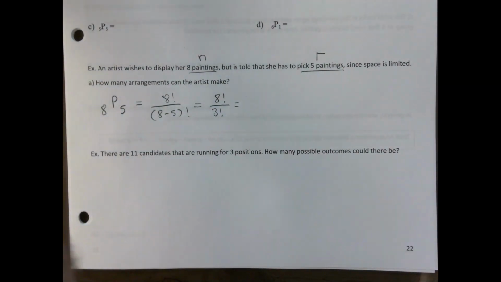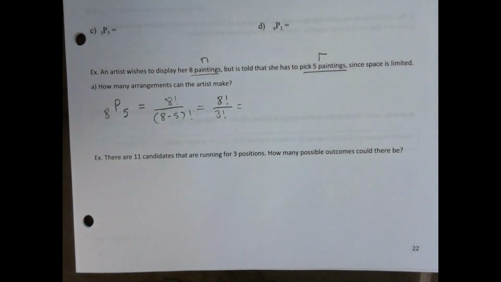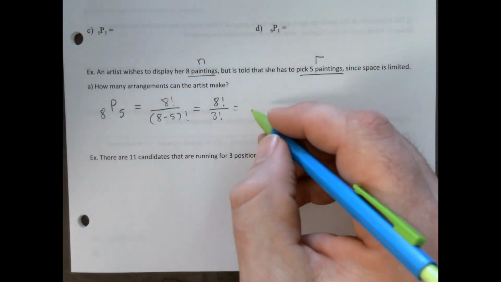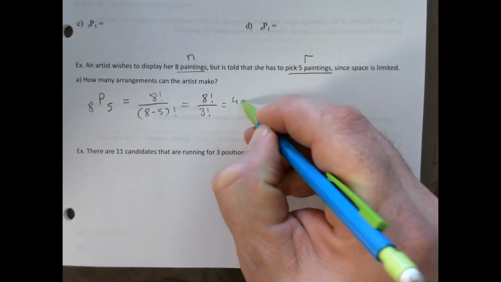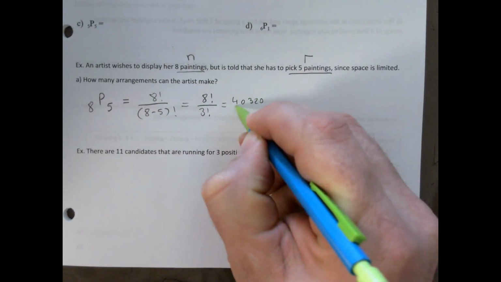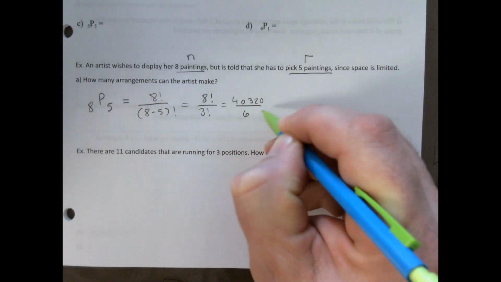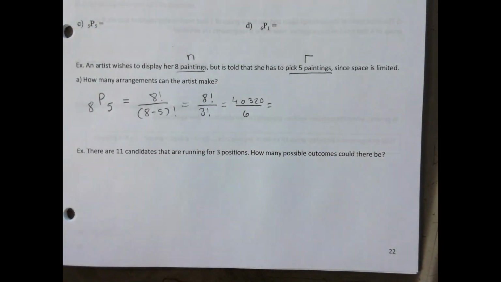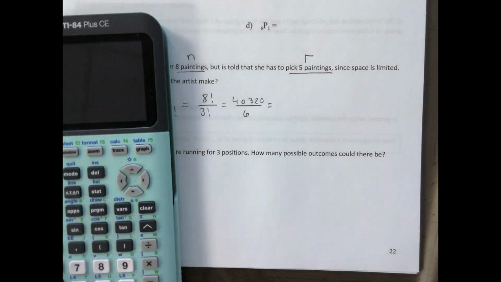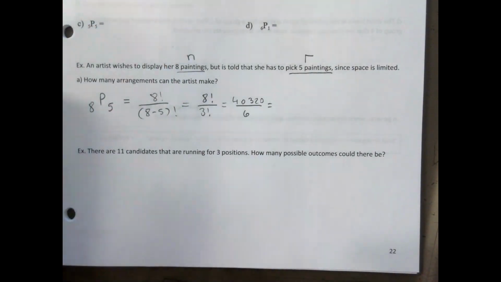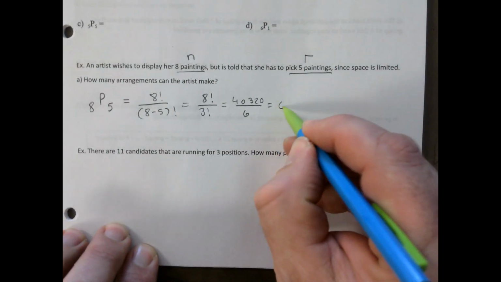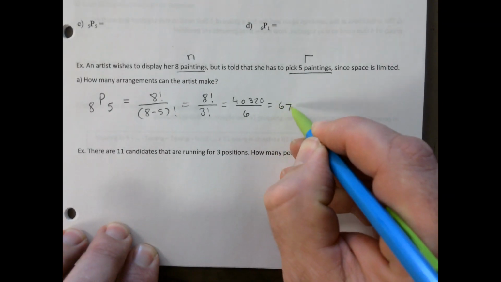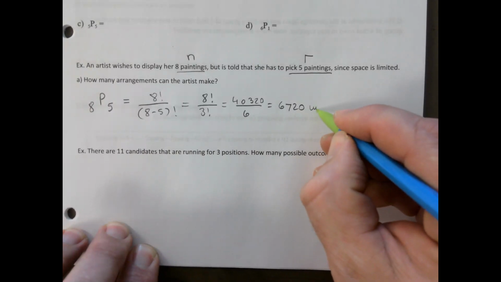I told you to write this down, and I don't know it myself. 40,320, divided by 3 factorial, which is 6, so let's figure out what that is. 6,720 ways.